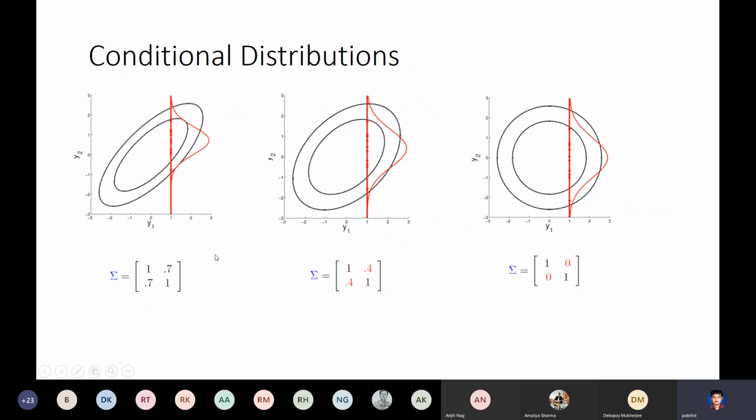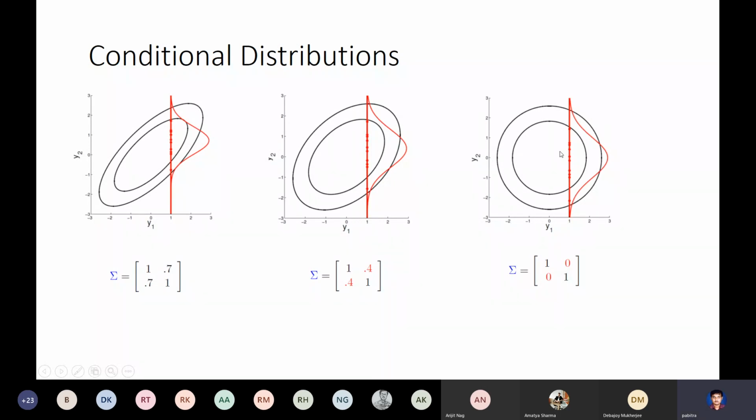One more thing I just mentioned is that it is also a Gaussian with some mu and sigma. Here I draw a picture. If my original joint distribution changes from a perfect linear correlation to less correlation and no correlation, then the sigma changes like this. The point to be noted is that if there is high correlation between y1 and y2, this variance is small.